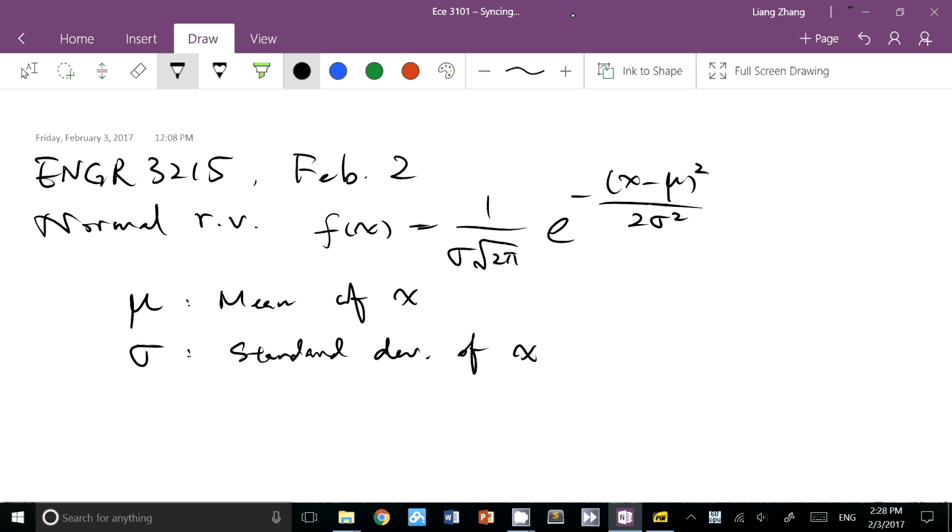And usually people write a normal random variable like this. So x follows a normal distribution with mean mu and variance equal to sigma squared.